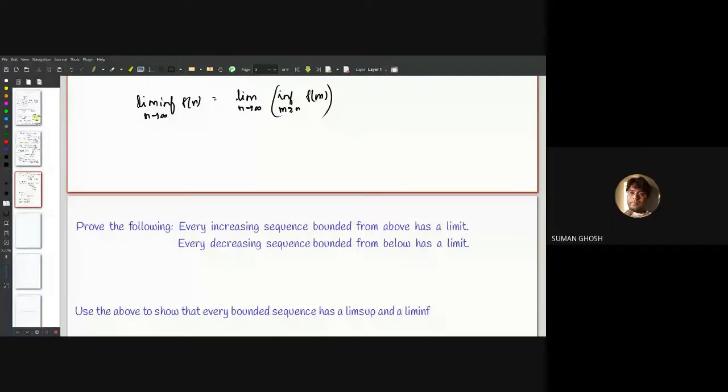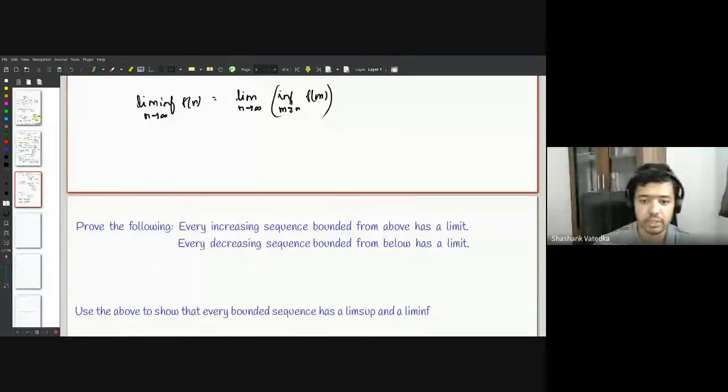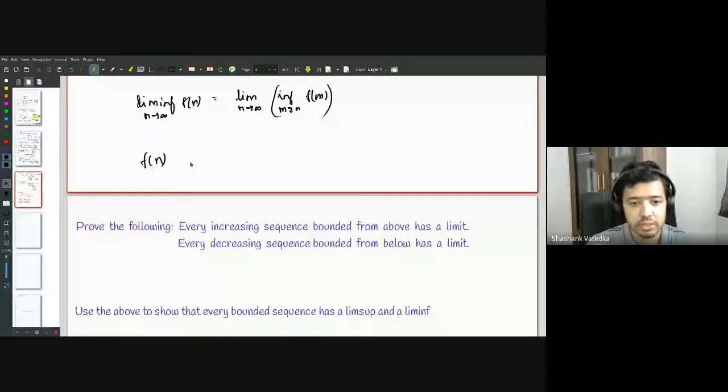Yes, ma'am. Sir, what do you mean by a sequence bounded from above and bounded from below? Okay, so we say that some sequence f of n is bounded from above if you can find some alpha such that f of n is always less than or equal to alpha, and it is bounded from below if you can find some number beta such that f of n is always greater than or equal to beta.